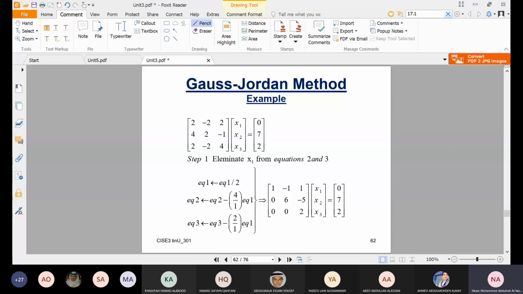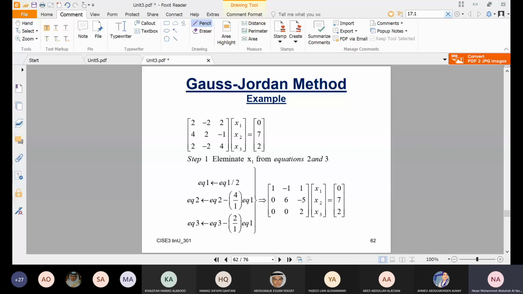We did not use pivoting. But if you want to improve the accuracy, you can use partial pivoting. For example, if you see this coefficient is very, very small here, let's assume.